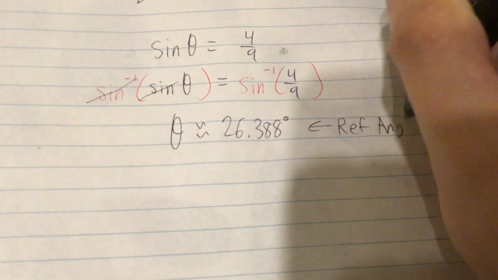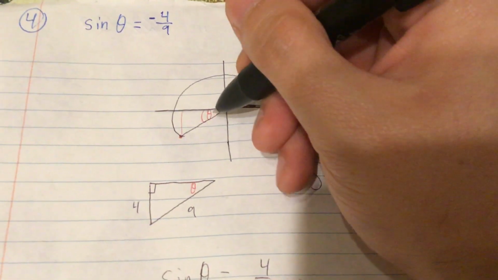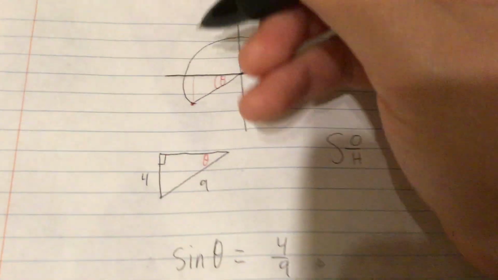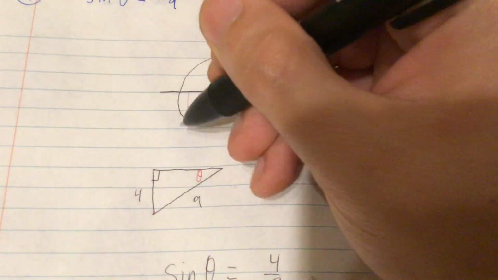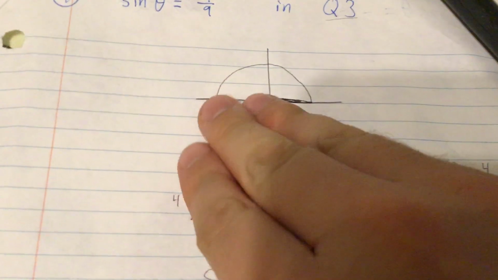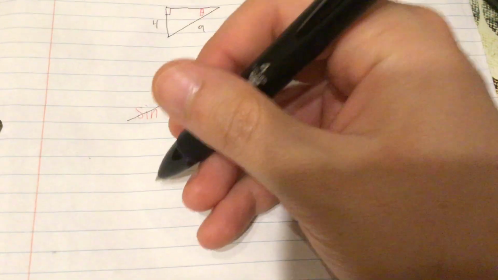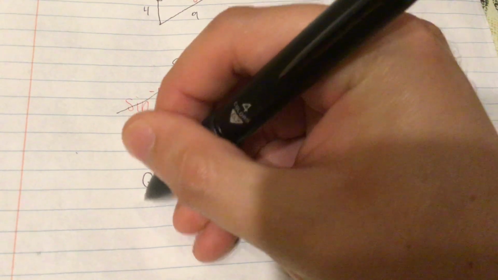I want to figure out what the quadrant 3 angle is. So if I take a look, the red reference angle is 26.388. I want to figure out what the entire arc is. Well, if this top half is 180 degrees and I add the reference angle to it, I bet you I get the quadrant 3 angle.